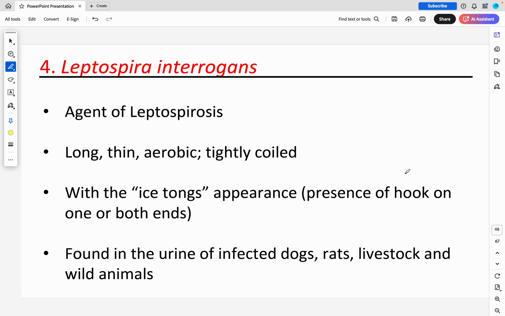In terms of appearance, Leptospira interrogans is long, thin, and tightly coiled, usually appearing with a question-mark shape. There is a hook on one or both ends of the cell. It's found in the urine of infected dogs or other carriers: rats, livestock, and wild animals.